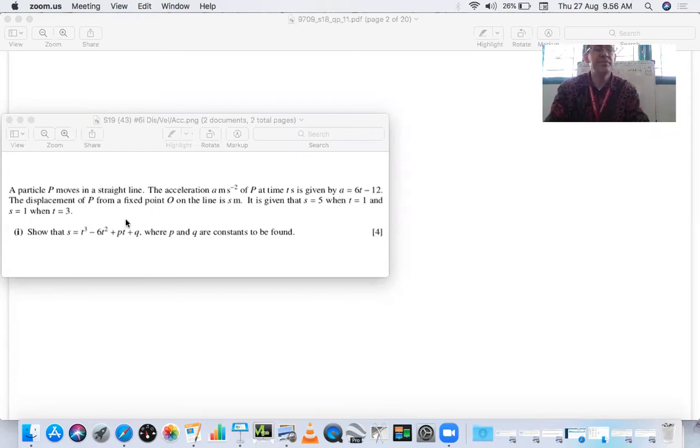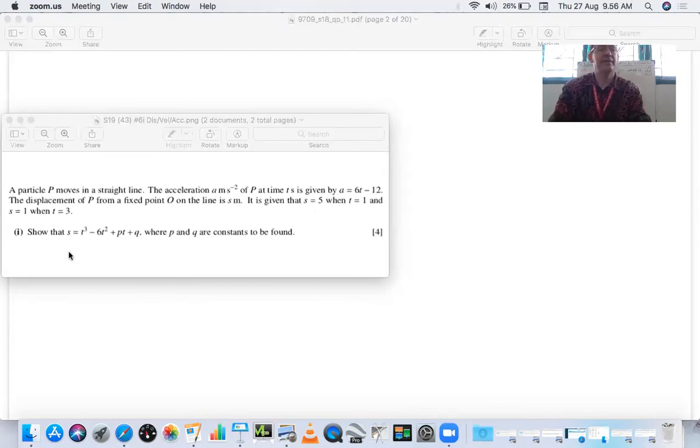The displacement of P from a fixed point O on the line is S meters. It is given that S equals 5 when t equals 1 and S equals 1 when t equals 3.